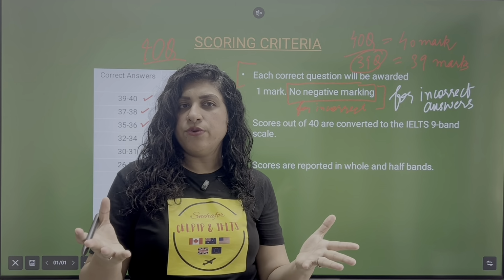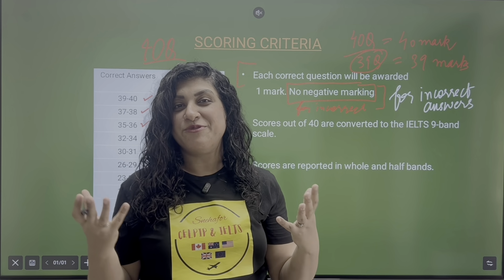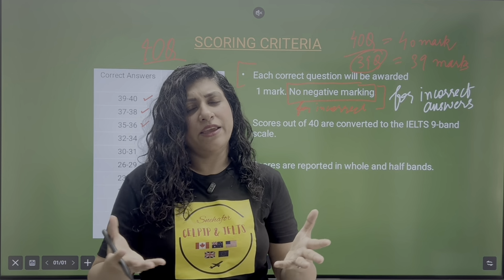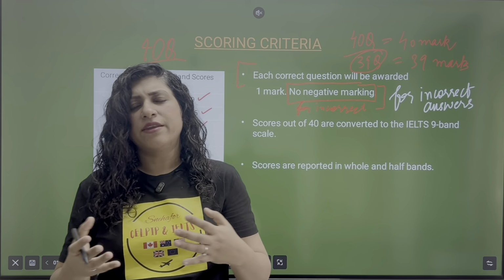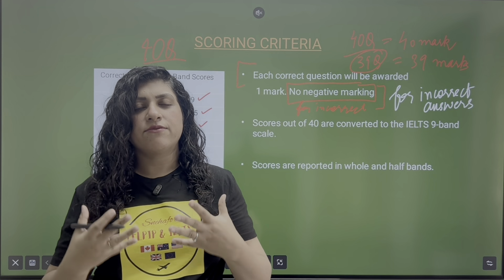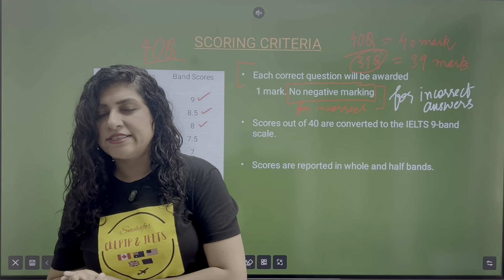Because if you get any question correct, even by taking a wild guess, you fetch 1 point, right? And in case you didn't get it correct, you do not lose anything, right? So that is why I advise that you should attempt each and every question in IELTS listening.